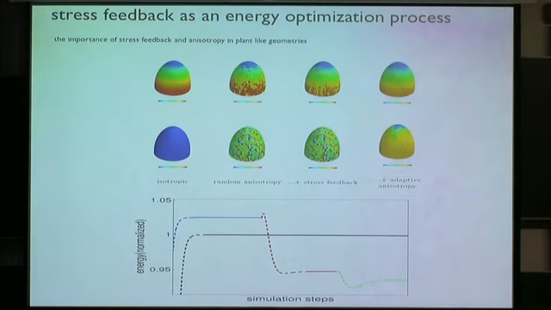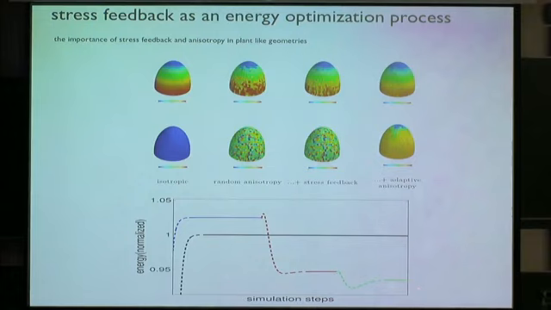And this is the interesting result. For the isotropic template, we have some kind of equilibrium energy. If we introduce some kind of random direction and degree of anisotropy into the system, suddenly energy jumps up. If you turn on the direction feedback, energy drops below the isotropic. And if we introduce the adaptive anisotropy to the system, it drops further down.